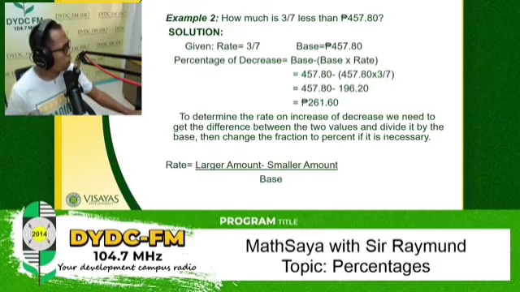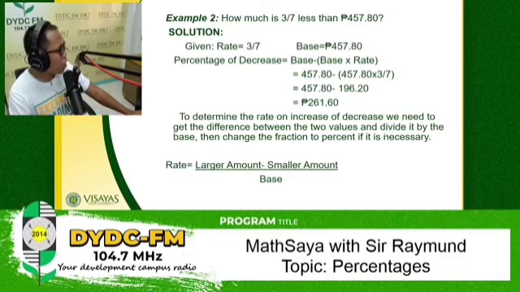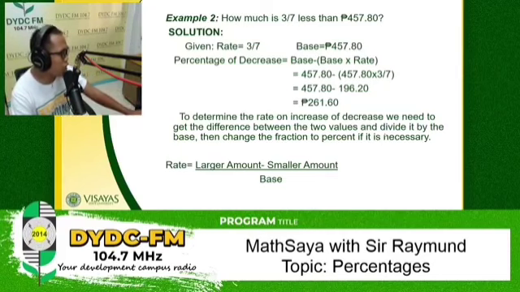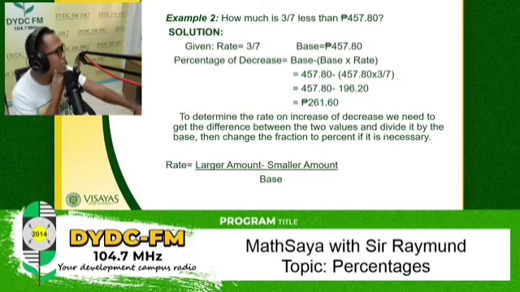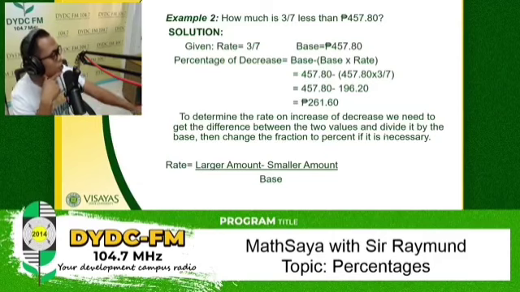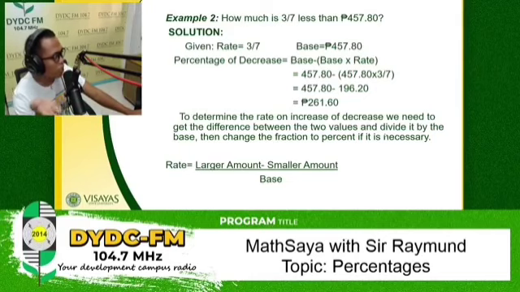For number 2, how much is 3/7 less than 457.8 pesos? So again, our unit here is pesos, so we should expect that our unit in our answer should also be in pesos. Okay. So given the rate is 3/7 in fraction form, base is 457.8. Decrease, since it says less. Alright, so percentage of decrease is equal to base minus the quantity base times rate.